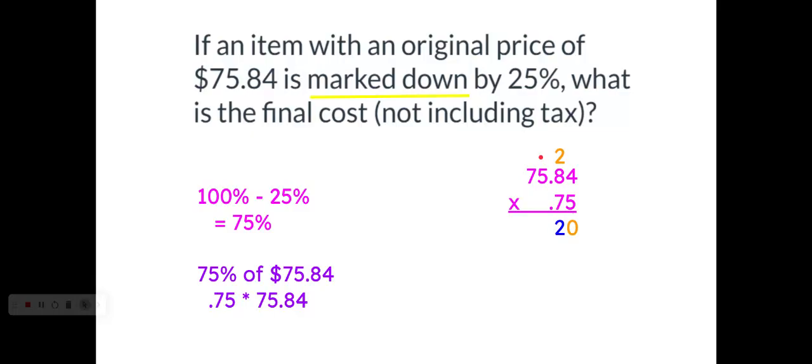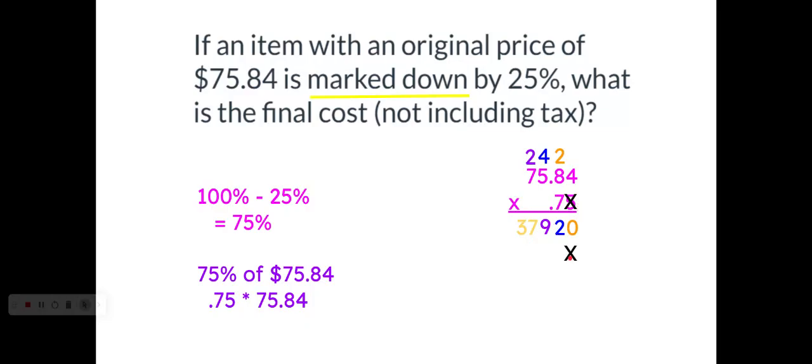Write down the 2, carry the 4, and then 5 times 5 is 25, plus 4 is 29. Write down the 9, carry the 2. 5 times 7 is 35, plus 2, 35, 36, 37. There's nothing left, so I can just write down the 37.